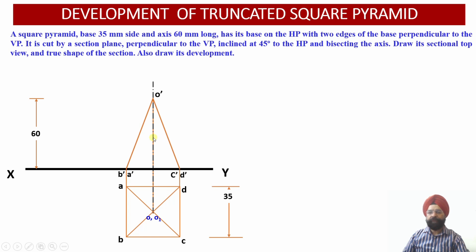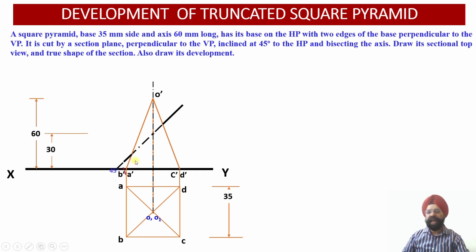Now having drawn the front view, we know that the cutting plane is going to bisect the axis, so we can measure this distance from the bottom or from the top. So this is the 30 millimeter distance. The moment I locate this distance, I locate a point on the axis, and through this point I draw an auxiliary inclined plane, inclined at an angle of 45 degrees to the horizontal plane.